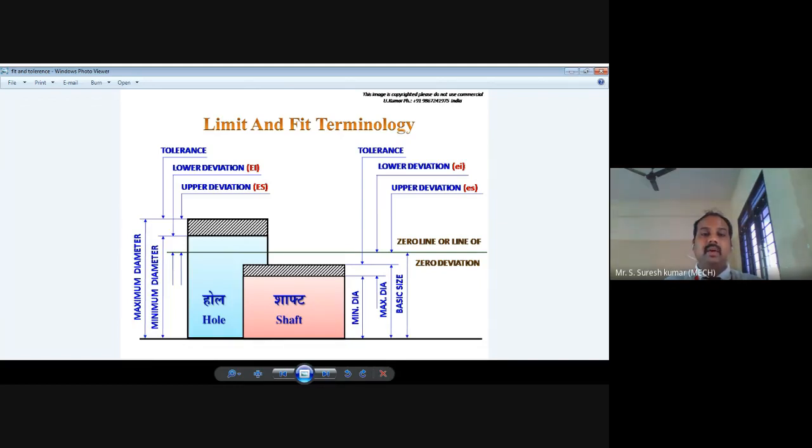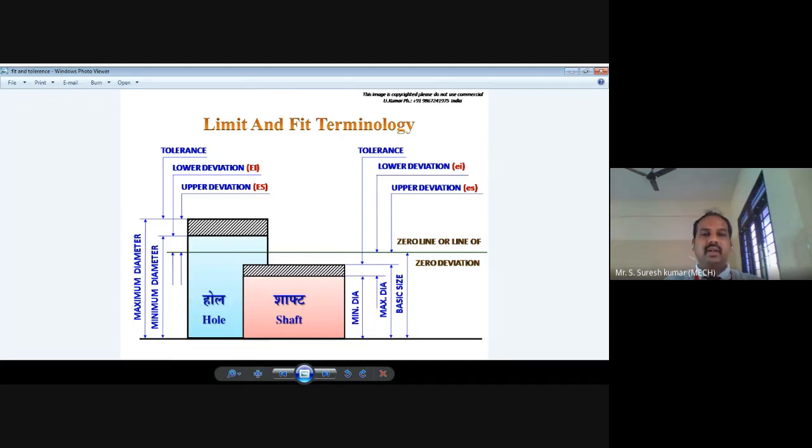Maximum clearance is the positive difference between the maximum size of a hole and the minimum size of a shaft. Then what is minimum clearance? The positive difference between the minimum size of a hole and the maximum size of the shaft is called minimum clearance.